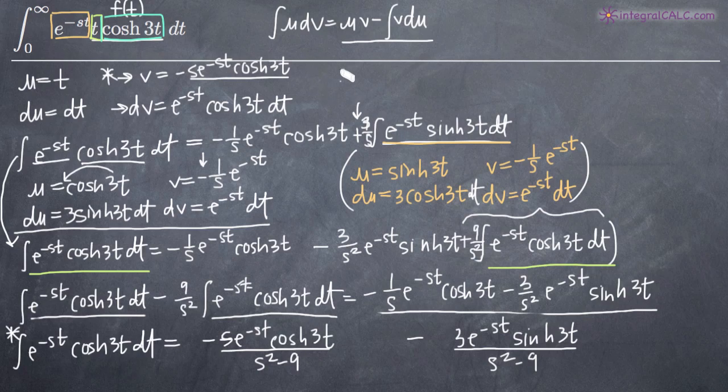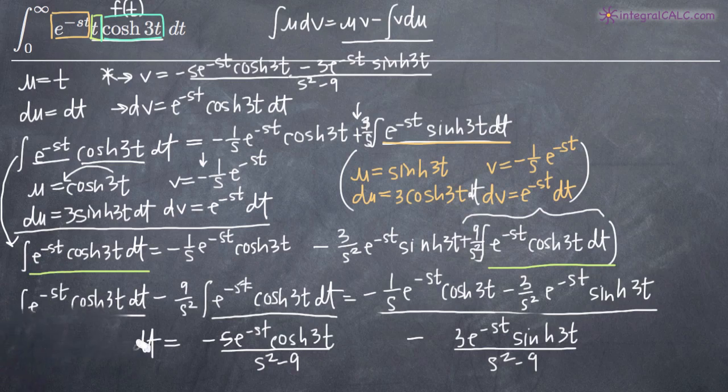And actually we can combine these two fractions, so we'll have minus 3e to the negative st hyperbolic sine of 3t, and this whole thing will be over s squared minus 9.